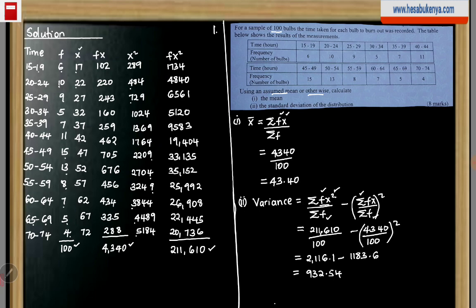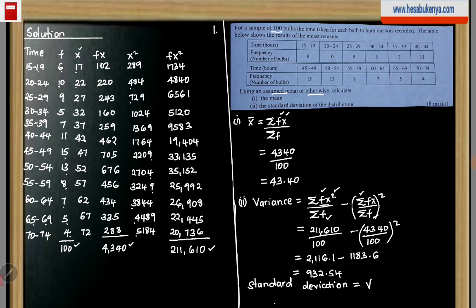Subtracting the two, we will get 932.54. Now our question required us to get the standard deviation, and standard deviation is usually the square root of variance.